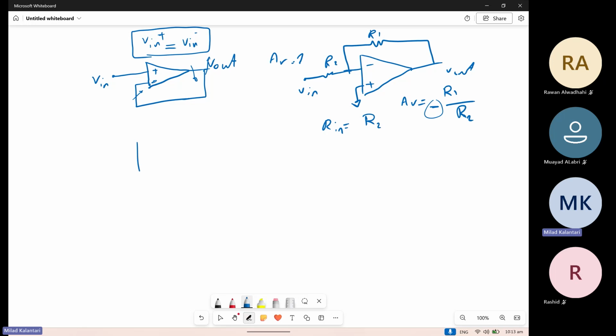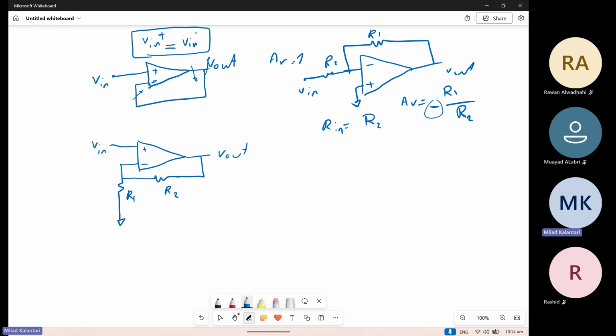And then there was another type of gain stage that could be non-inverting. Right, the config was like this. V in was here, V out was here.